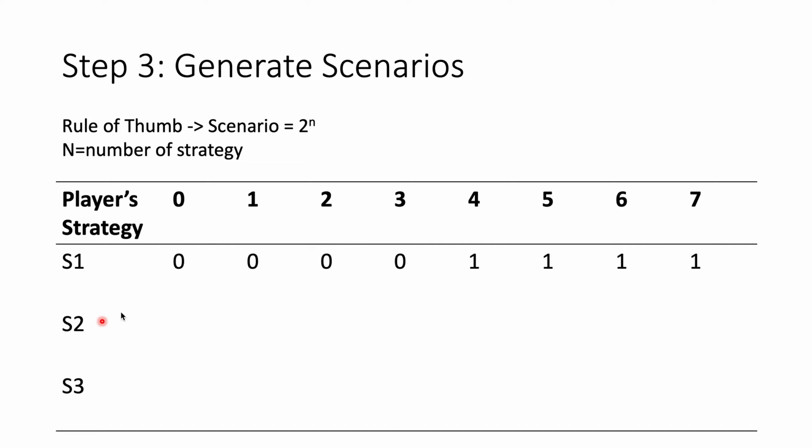Then for strategy 2 you divide it by 4, so this is 0 0 1 1 0 0 1 1, like this. And for strategy 3 you just use 0 1 0 1 0 1 and so on. This will make sure that you have a mixed scenario and you don't miss any combinations.